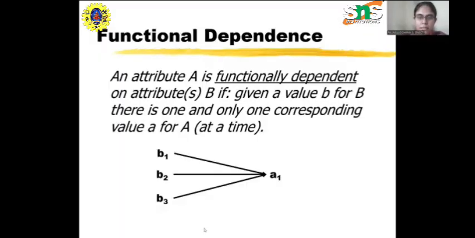So if you look at this picture, more than one attributes of B1, B2, B3 is dependent on A. So here A is the determinant variable and B is the dependent variable. So one attribute A can determine more than one attributes of B.